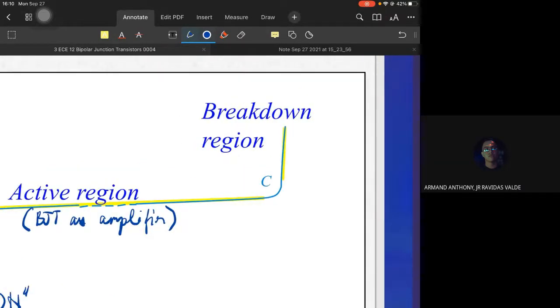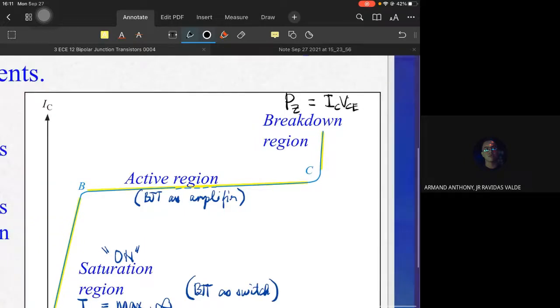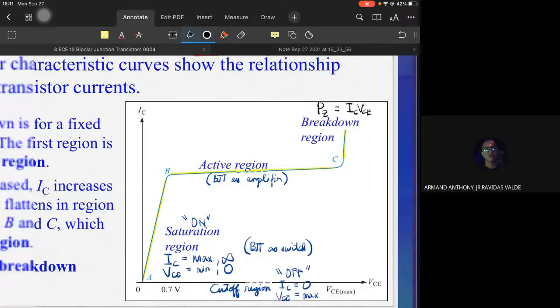So, it's always important to check if na-reach ba ang breakdown region or wala. How? By just plain multiplication of IC and VCE. If wala pa na-reach, okay lang. Meaning naa pa siya sa active region.